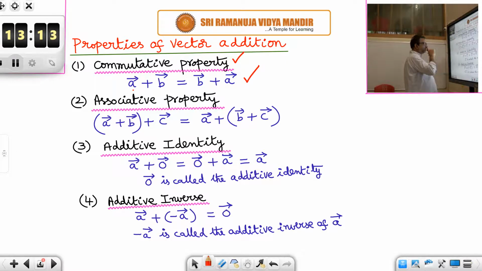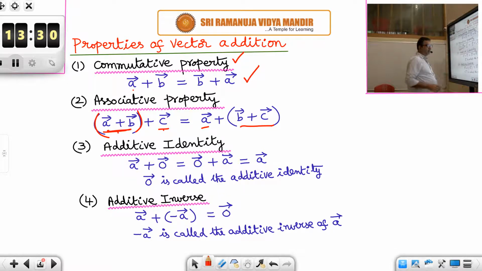Okay. Associative property: A bar plus B bar plus C bar is equal to A bar plus B bar plus C bar, with brackets. On the left hand side, the bracket means we are first adding A bar and B bar, and to the resultant we are adding C bar.